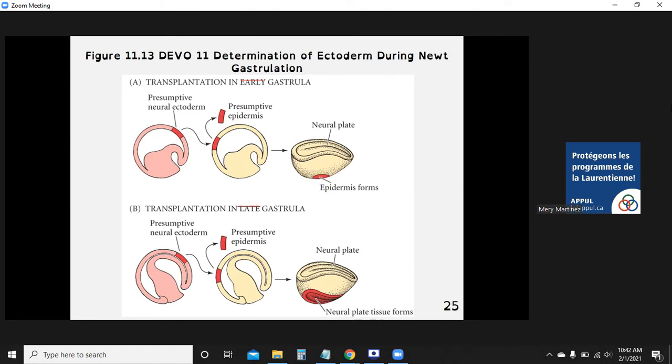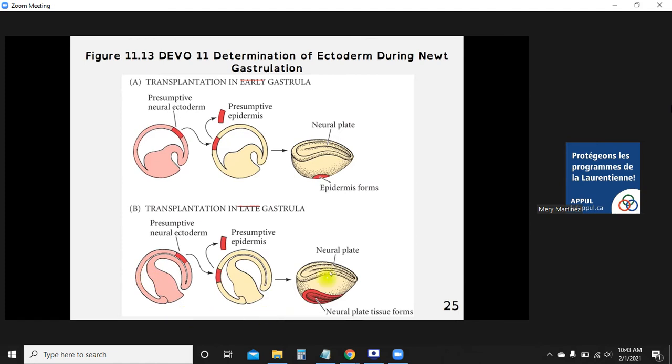So the cells of the early gastrula were not committed to a specific fate, because this should be neural ectoderm, but it formed epidermis, right? So the cells were said to exhibit conditional development. Remember, conditional is regulative, or dependent on the environment in which they are placed, because their ultimate fate depends on the position in the embryo and not the origin.